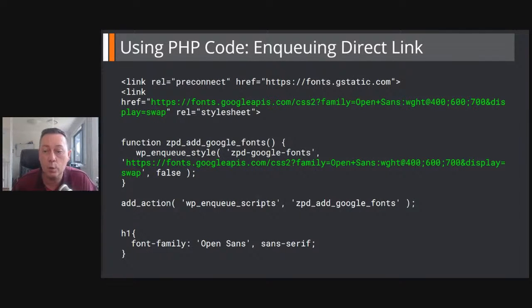But copy that little bit of code into your functions.php file in your theme, and that will add those Open Sans fonts into your website. And then you can use CSS, and in the link below here, you can see I've got an H1 CSS. I'm now saying font-family Open Sans, and then a backup of sans-serif.